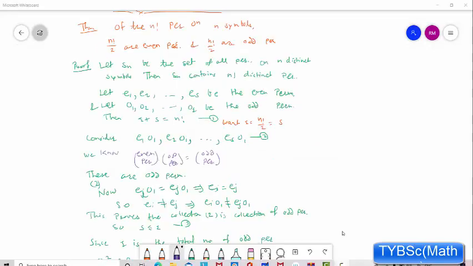So friends, now we take the next theorem, dependent on even and odd permutations.